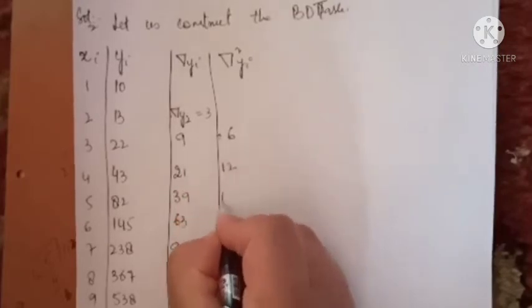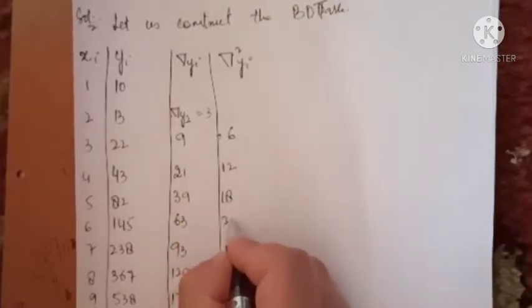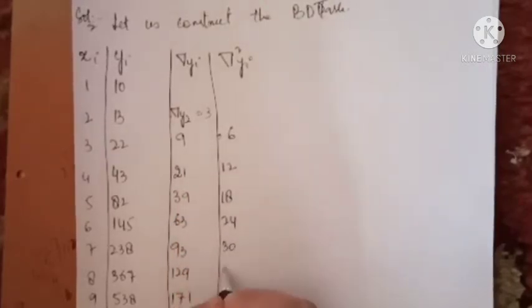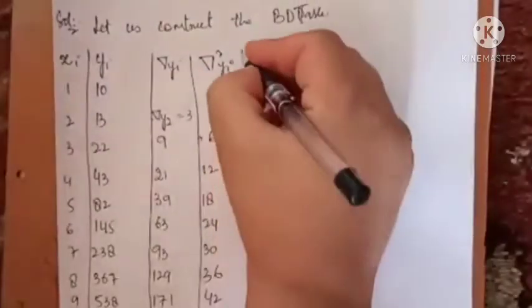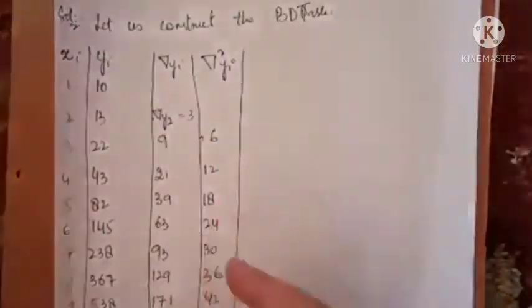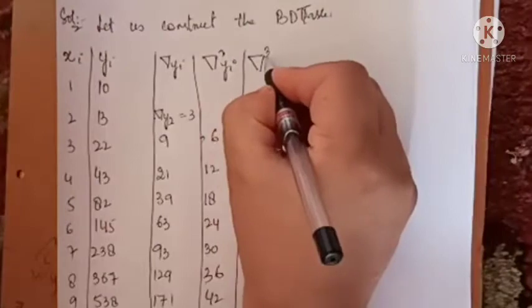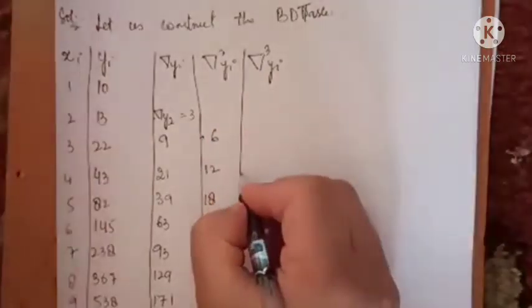Then 12, 18, 24, 30, 36, 42 and 48. हम आगे भी जा सकते हैं क्योंकि हम पास बहुत सारे वैल्यूज़ हैं जिनके हम डिफरेंसेस निकाल सकते हैं.